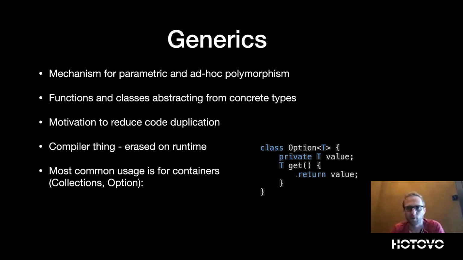So here we have an oversimplified example of a class Option that uses a type parameter T, and it can contain a value of type T, and it can return a value of type T. So it really doesn't care what the T is. It might be, as I said, a string, a number, an object, whatever can be captured and held on heap or in memory. So this is a very basic example.